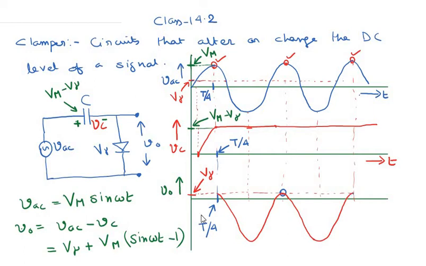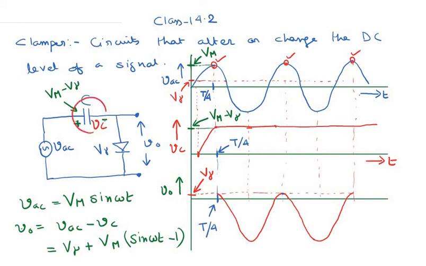Okay, so this is our clamper circuit, and as you have noted, the output is also basically a sinusoid. The output voltage is also a sinusoidal voltage, but the DC level of the sinusoid has shifted, because of the voltage that develops across this capacitor.